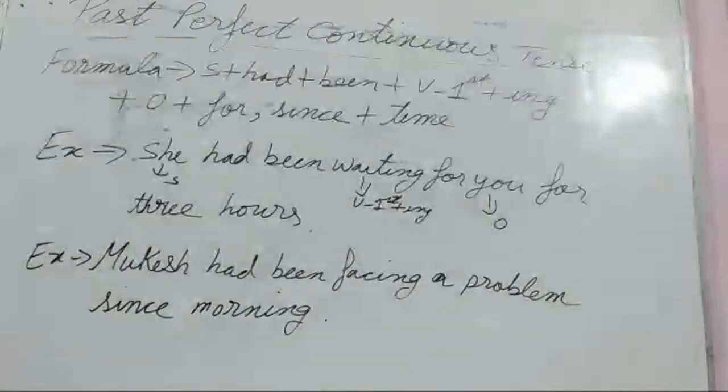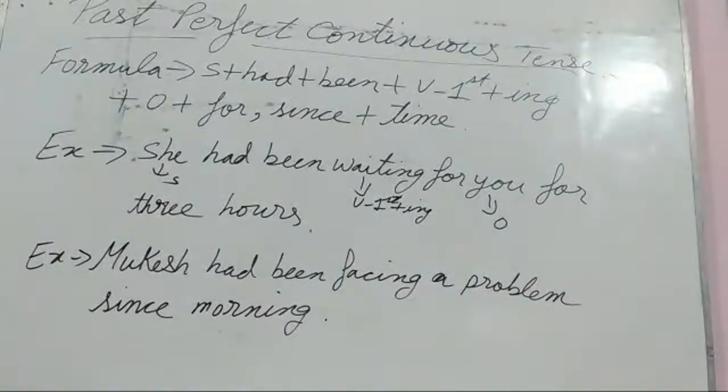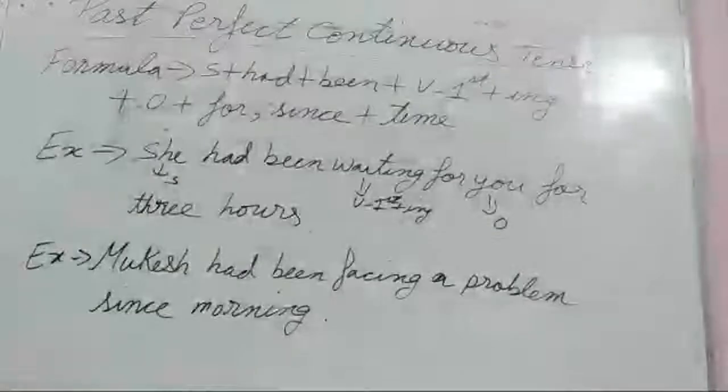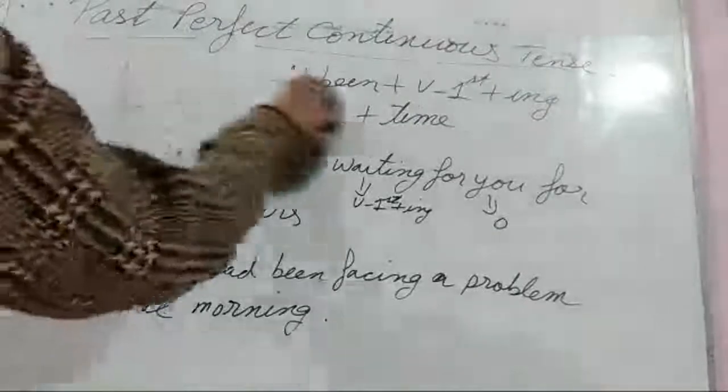Let's see the negative sentence in past perfect continuous tense. Now let's see the formula for the negative sentence in past perfect continuous tense.